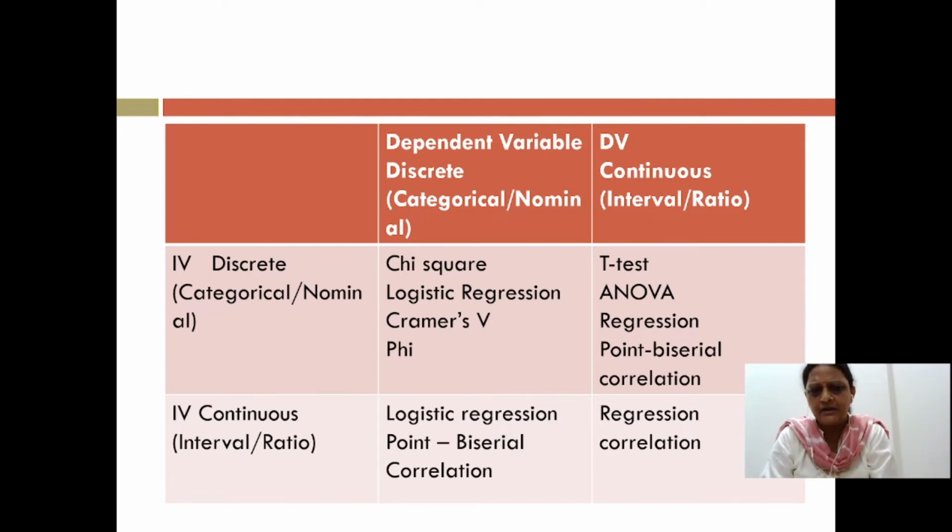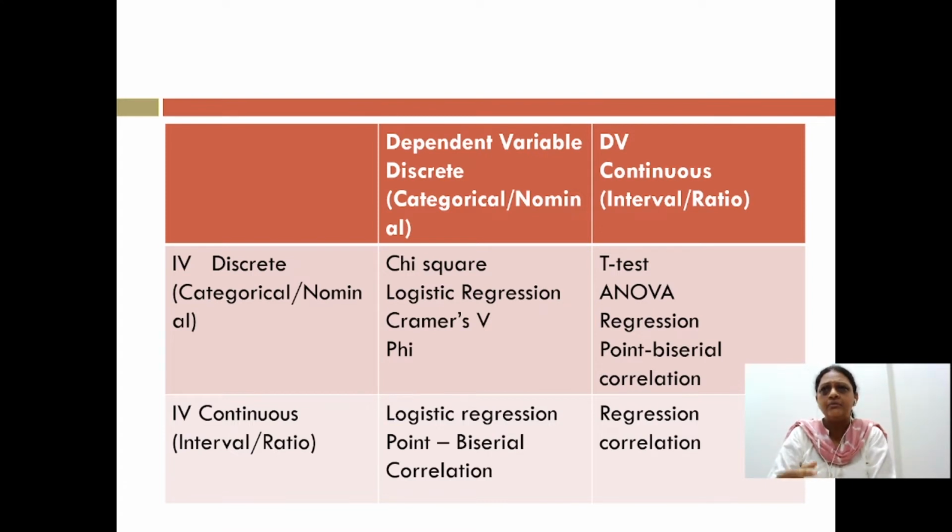So if your dependent variable is categorical or nominal, and your independent variable is also categorical or nominal, you can use this particular region: chi-square, logistic regressions, Cramer's V, or phi test. Now, if your dependent variable is still categorical and nominal, but your independent variable is collected on the interval or ratio scale, right?